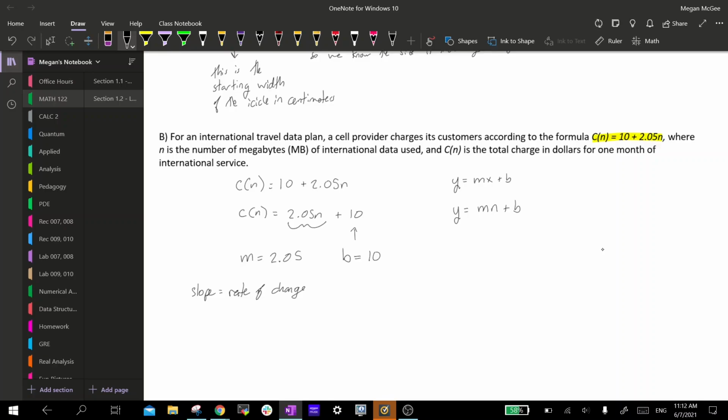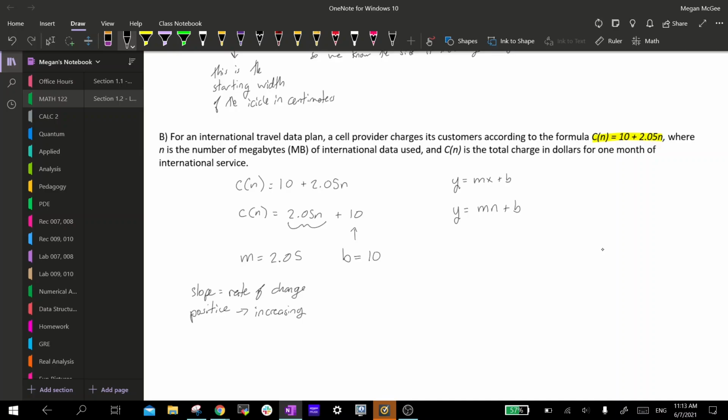Okay, again, this slope is positive. So that means we have something that is increasing. Okay, and 2.05 is a lot bigger than our 0.2 number earlier.